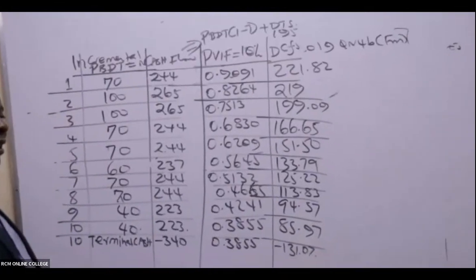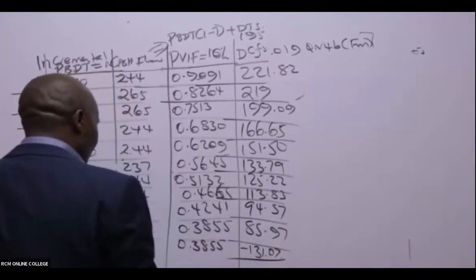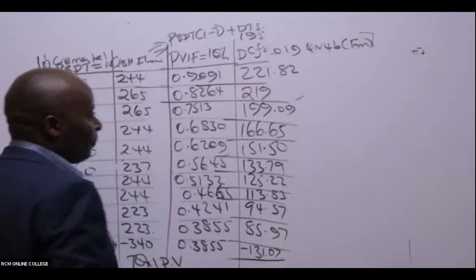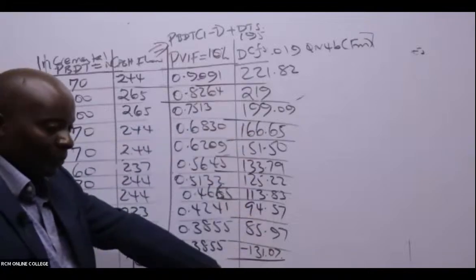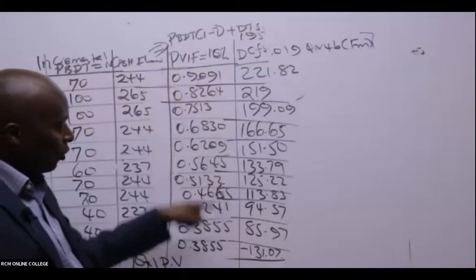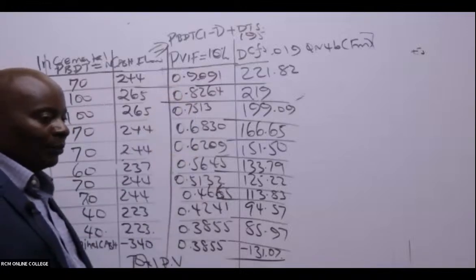All right, ladies and gentlemen, you should be able to come and give me the total present value here. So now you are adding all the discounted cash flows, all of them, except for the last one, which will say minus 131.07.